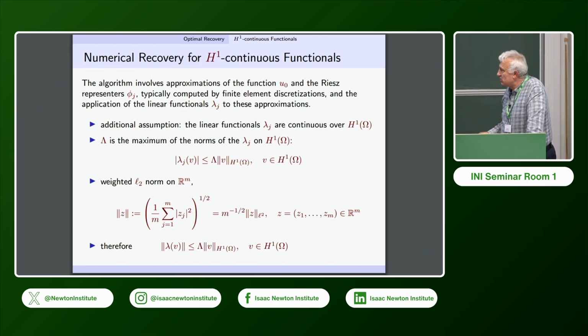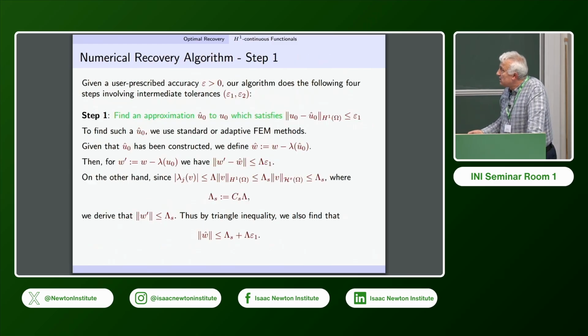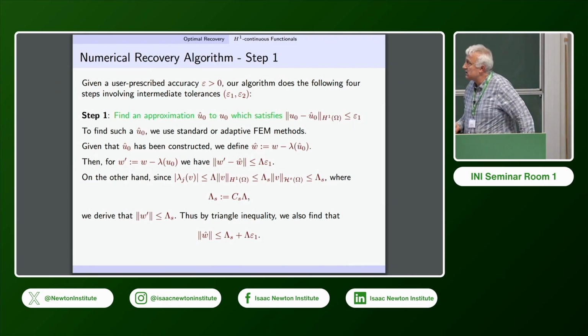Then in order to write the solutions, we have to consider that for the data, we use the weighted L2 norm, not the classical L2 norm. And then using this constant lambda, the norm of the functionals as a vector is less or equal to lambda times the solution.